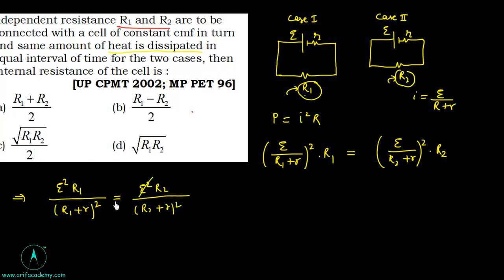So E square will cancel out, and we cross multiply: R1 times R2 plus r whole square equals R2 times R1 plus r whole square.